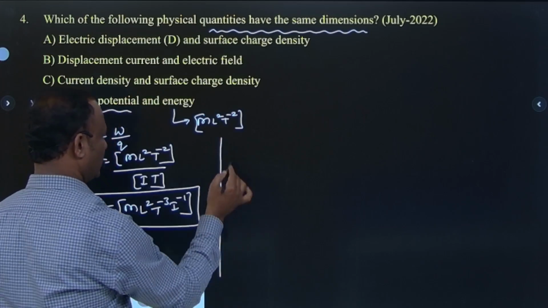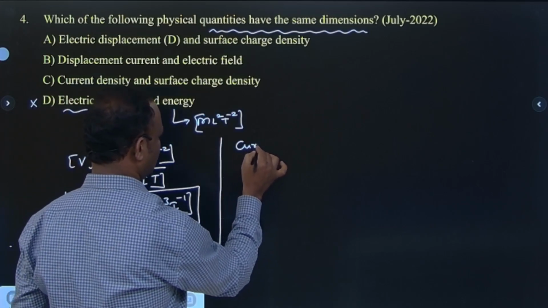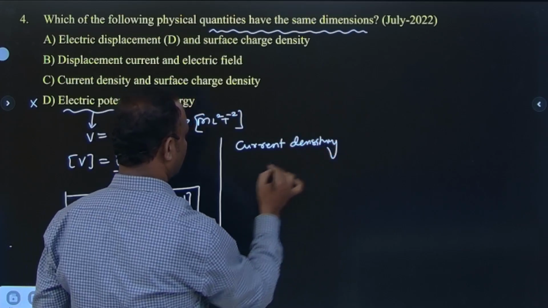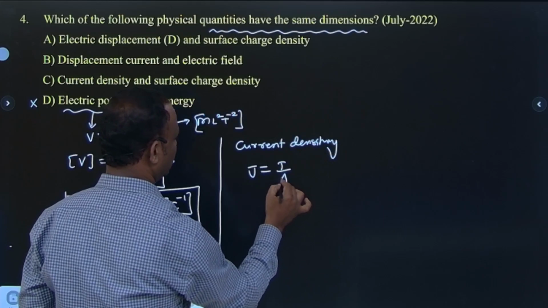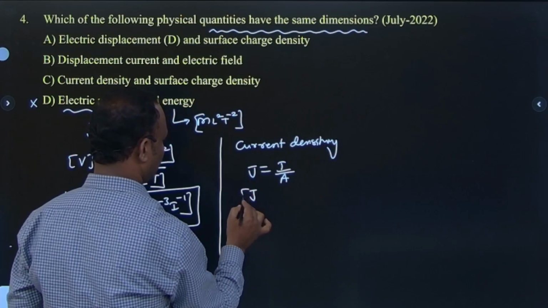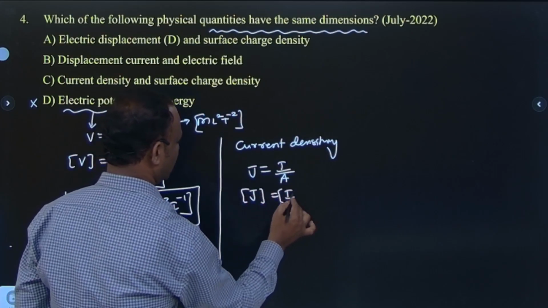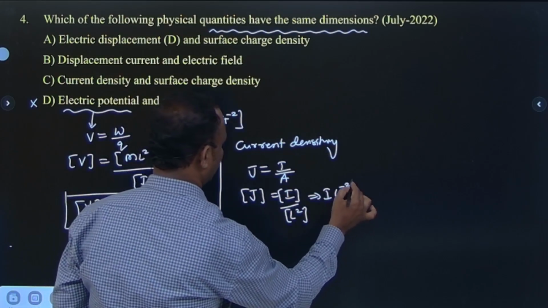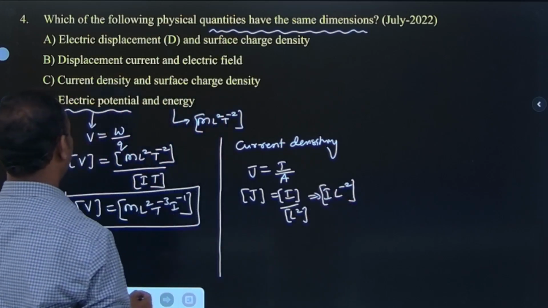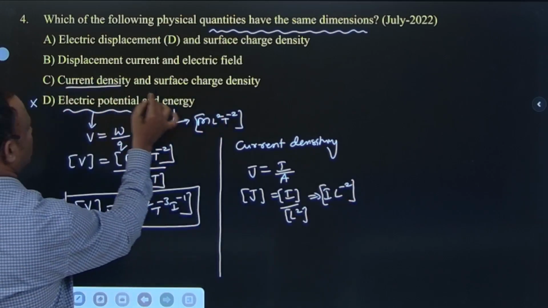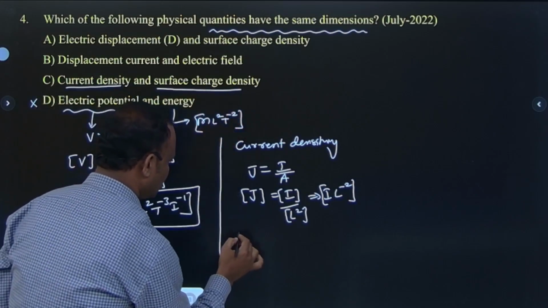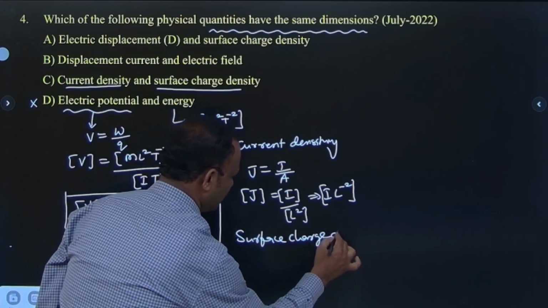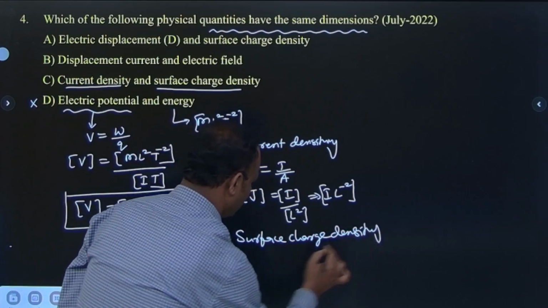I should know about current density. Current density is denoted by J. J is equal to I by A. So the dimensional formula of J is I by A, and with A as L square it becomes I L to the power of minus 2. This is current density. And next one is surface charge density, denoted by sigma.